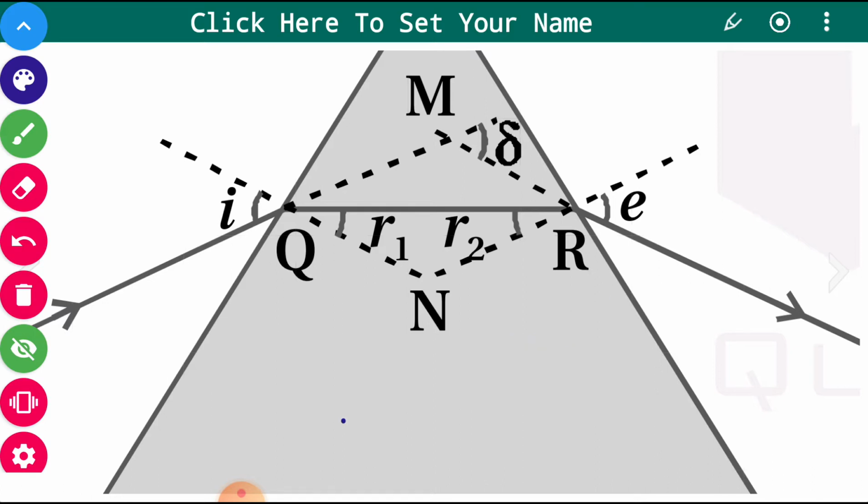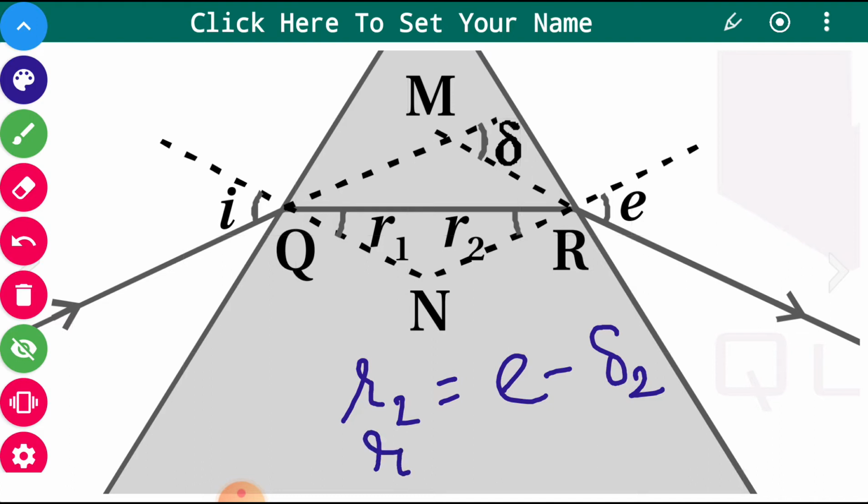So delta 1 is I minus R1, and delta 2 is E minus R2.